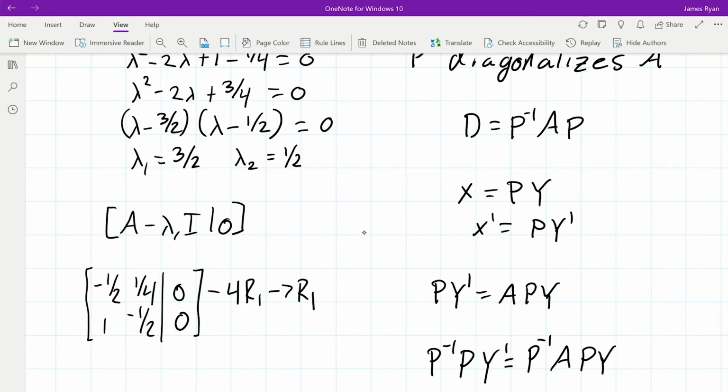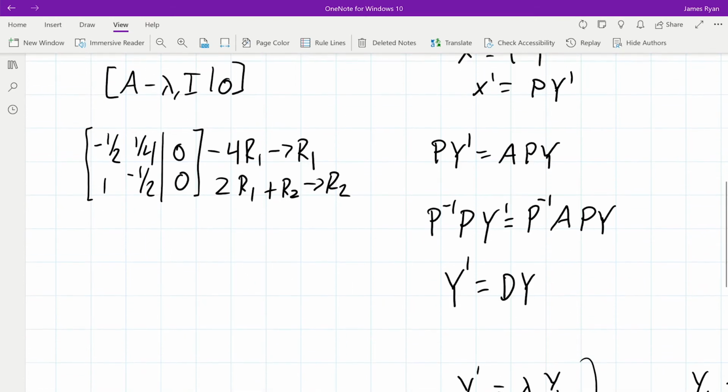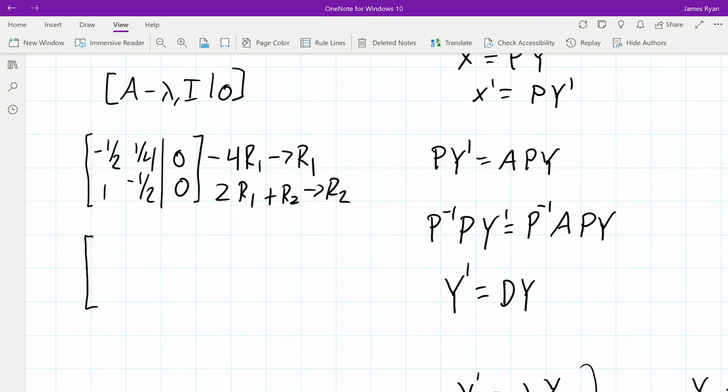And 2 row 1 plus row 2 becomes row 2, which should eliminate the second row. After this, we will have 2, negative 1, 0, 0, 0, 0.